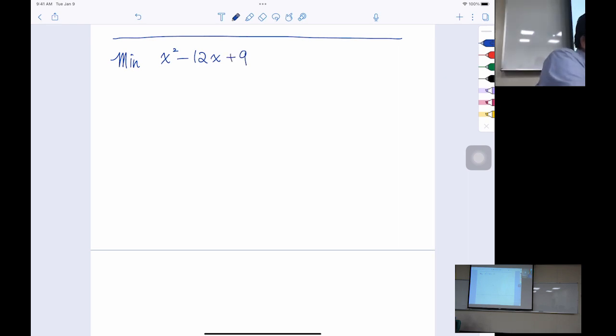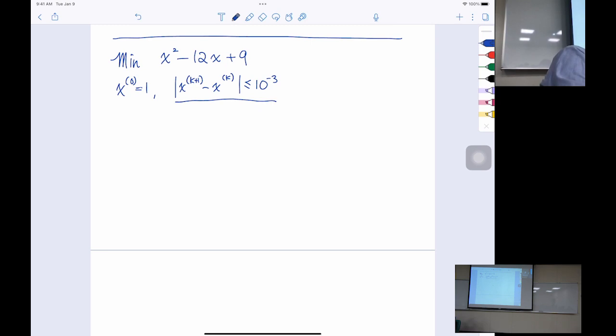Something like this. I already can see the answer, but let's just solve it in Newton's way. So let's have an initial guess of, for example, 1. And for the termination criteria, let's say x_{k+1} minus x_k must be smaller than 10 to the power of -3.